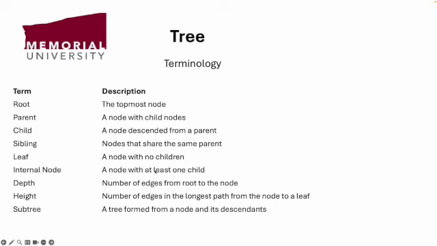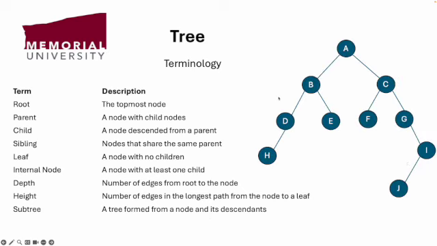Internal node: a node with at least one child. Depth: the number of edges from the root to the node. Height: the number of edges in the longest path from the node to a leaf. Subtree: a tree formed from a node and its descendants.